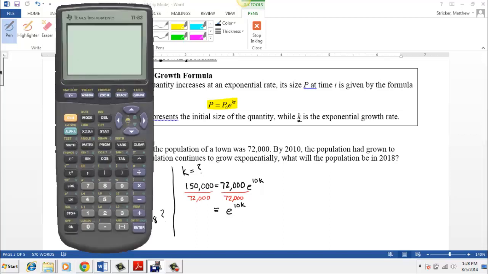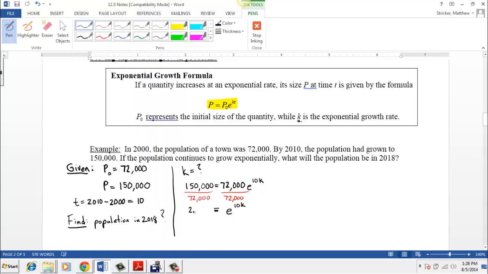And 150,000 divided by 72,000 is about 2.083, and the 3 repeats. And then we know that the next step is we have to get access to this 10k, which is in the power, and so we take the ln of both sides.